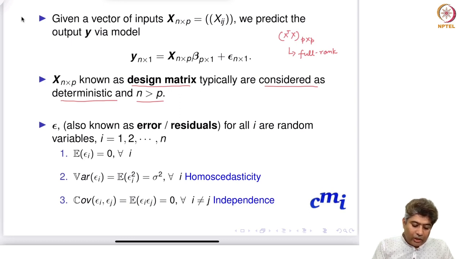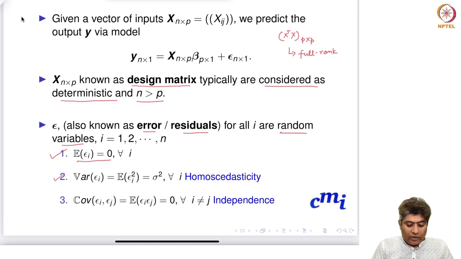Now epsilon, also known as error or residual, for all samples are considered as random variables, and on these random variables we make three assumptions. First, expectation of epsilon i is equal to 0.